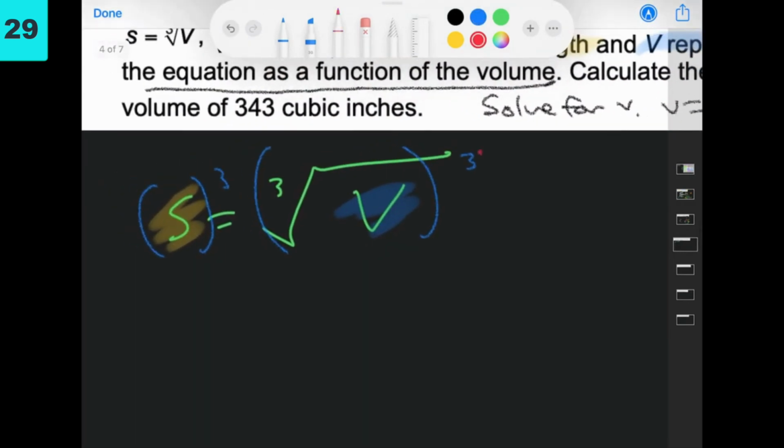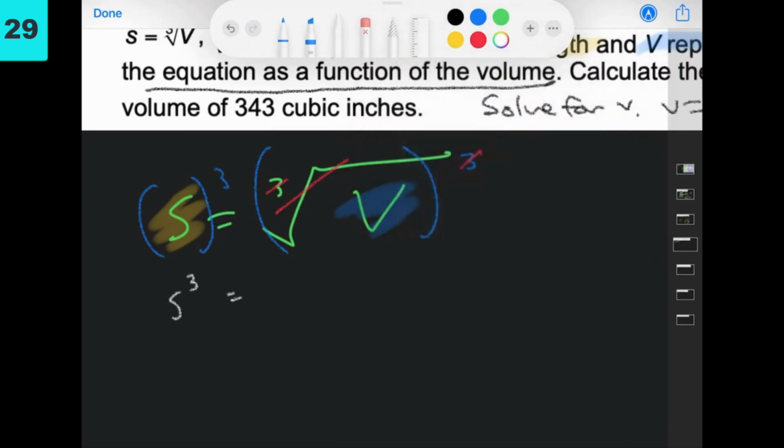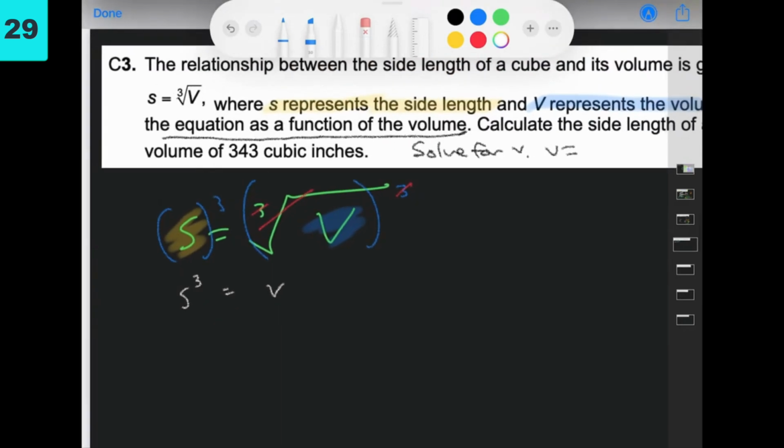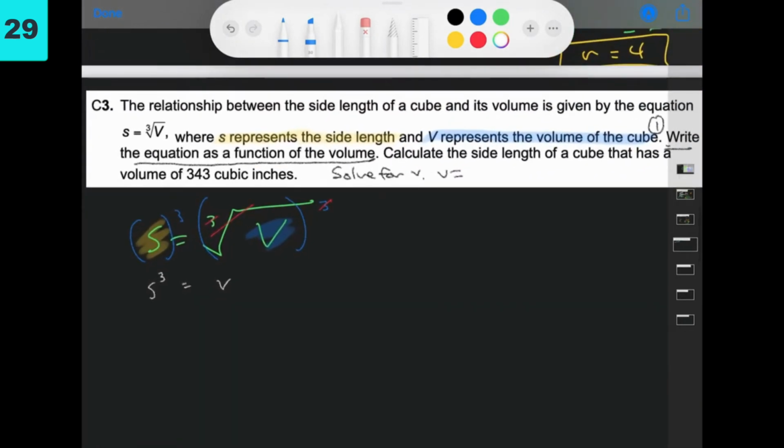And what happens is this is going away and this index and the radical sign. So we are just left with S cubed equals V. And this here is number 1, write the equation as a function of the volume. So volume equals S to the 3rd power.